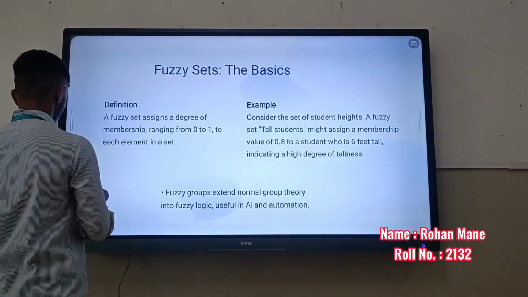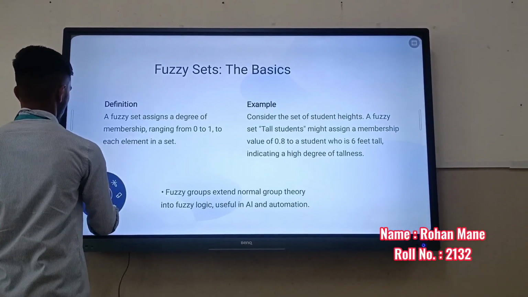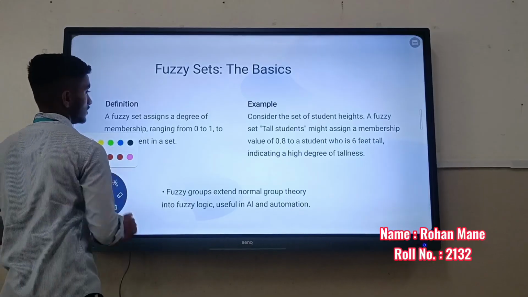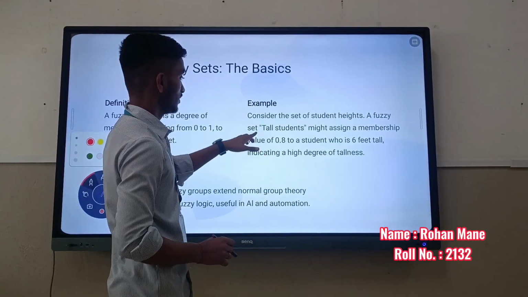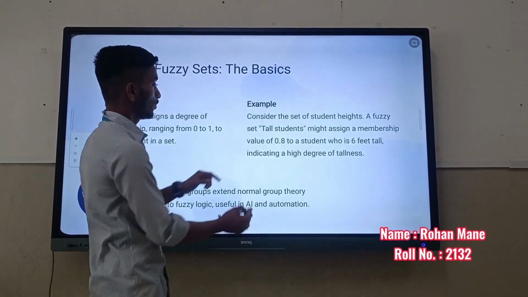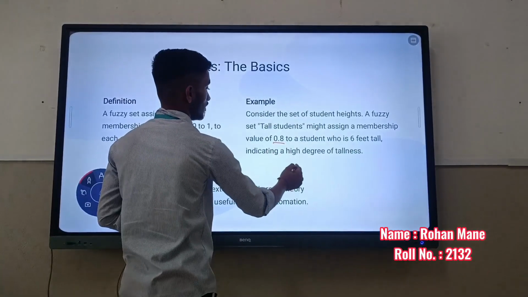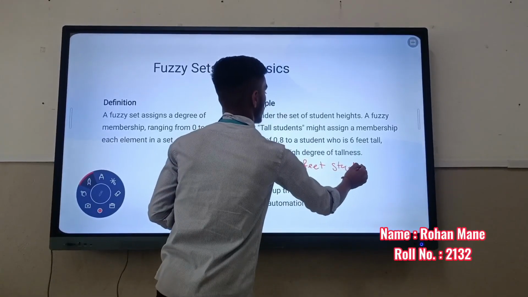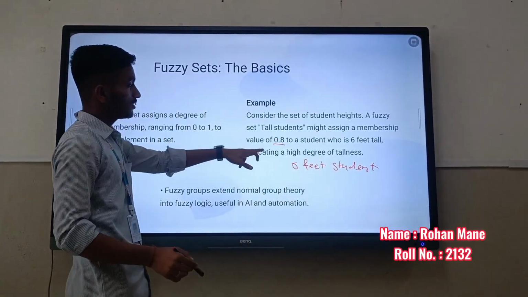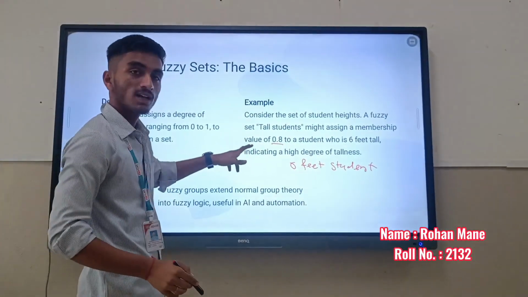Here, in this example, we assign a 0.8 membership value for a 6 feet student. So this is not the complete value; we can assign another value.